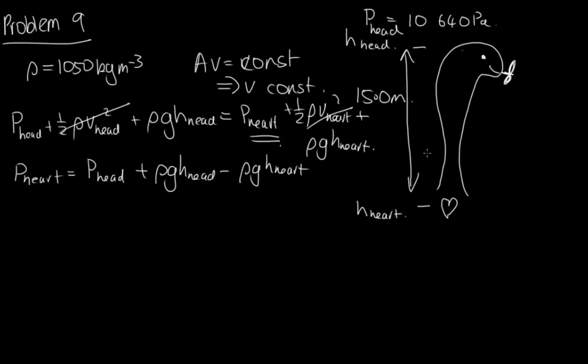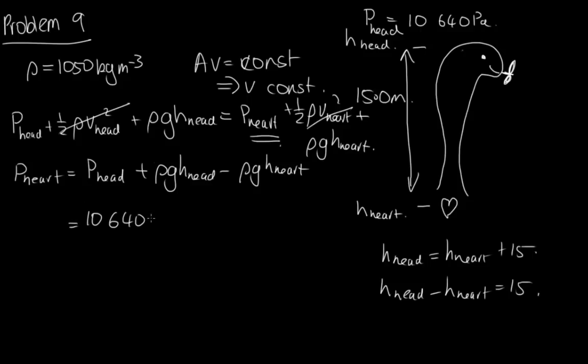Now what we can see from this diagram is that the height of the head is equal to the height of the heart plus 15, or the height of the head minus the height of the heart is equal to 15. Just rearranging this equation, the pressure in the heart is equal to the pressure in the head, which is 10,640, plus rho G H. Rho is 1,050. G is 9.8.